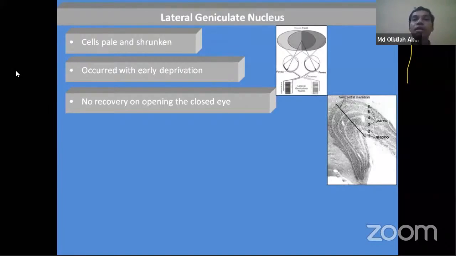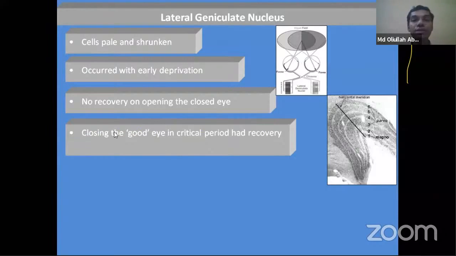So you need to understand that if there is an improper visual stimulus, the cells become pale and shrunken. But if you remove that stimulus, because these are binocular neurons, even if you remove the obstacles, the visual recovery or the cell recovery does not happen.